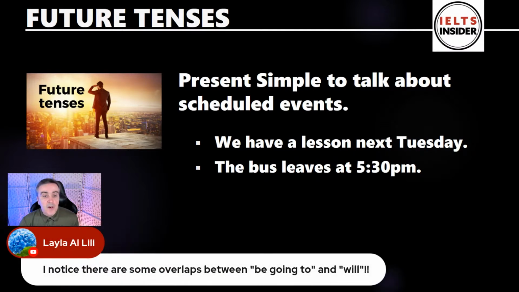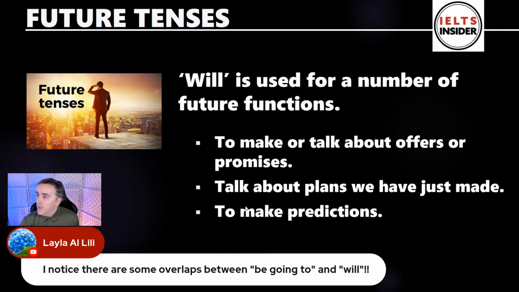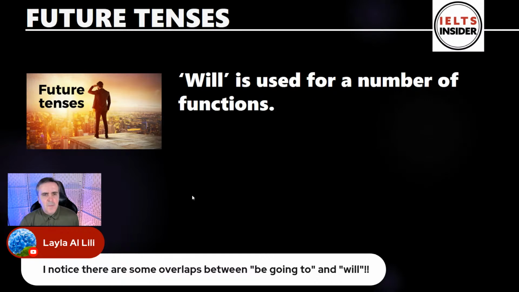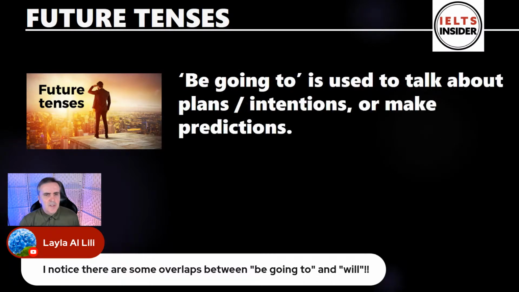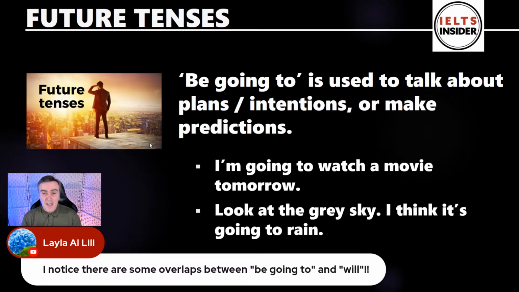There also is some overlap between going to and will. Very good and well spotted, Layla. So, especially when it comes to making predictions. Now, the kind of big thing for me, and I think it makes it a little bit easier to remember. Be going to is commonly used with kind of definite plans or predictions. So it's usually things that are in the shorter term, now or the next 5 minutes or the next week.